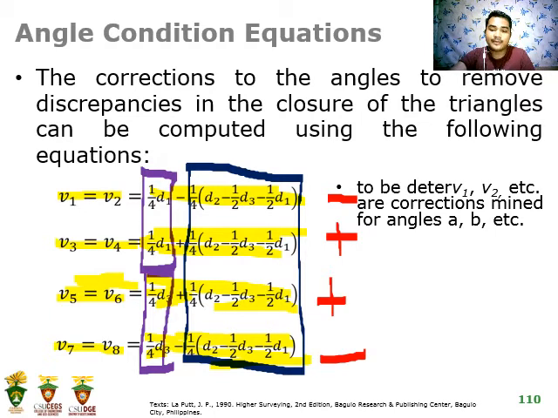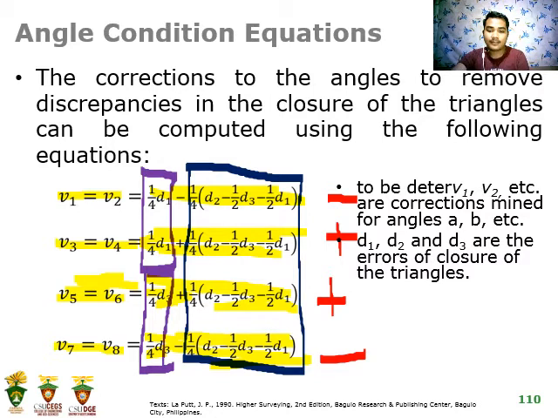This is for A and B, and so on. Si V3 and V4 is C og D, V5 og V6 is E og F, 7 og 8 is G og H. And D1, D2, and D3 are the errors of closure of the triangles.